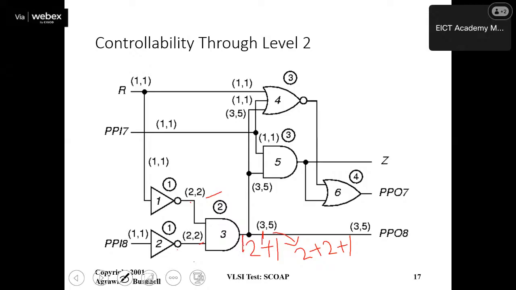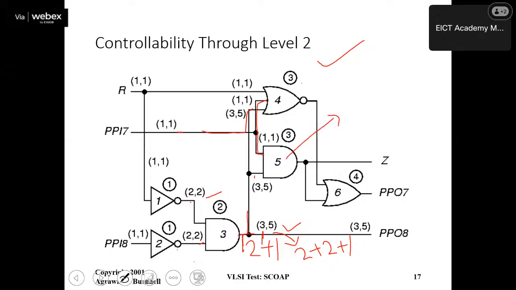After that, because there is branching, at this branch also 3, 5, at this branch also 3, 5, at this branch also it is 3, 5. For all these three, it will be 3, 5. This was 1, 1, so for these two branches also it is 1, 1 only. Now we have to go for level 3. Let's consider this first.